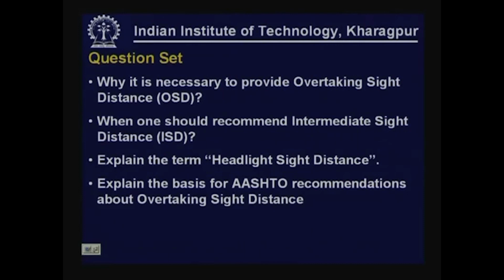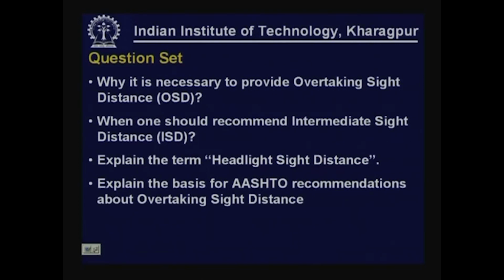Some of the questions for you from this lesson. Try to answer these questions. Why is it necessary to provide overtaking sight distance? You have studied what is sight distance.